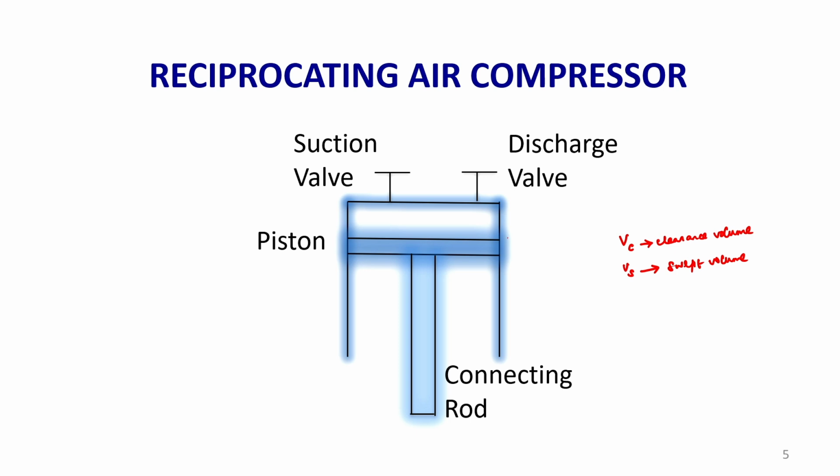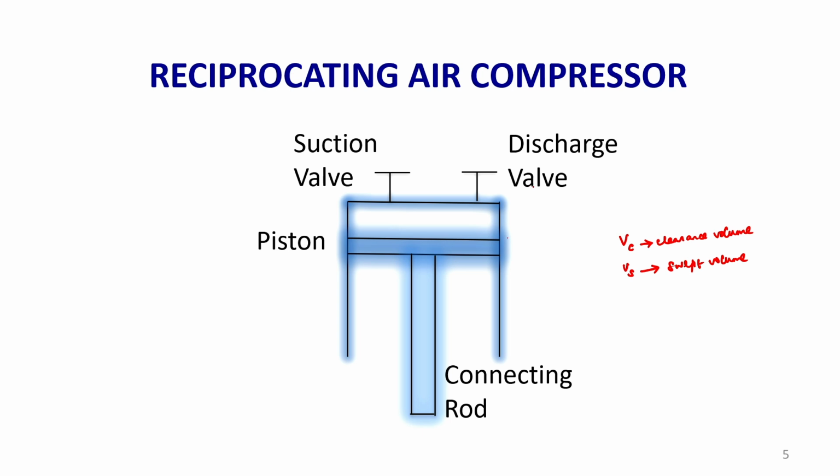The working is very simple. The air is admitted into the cylinder during the suction stroke, and as the piston moves from TDC to BDC, the air is drawn inside the cylinder due to the pressure difference.